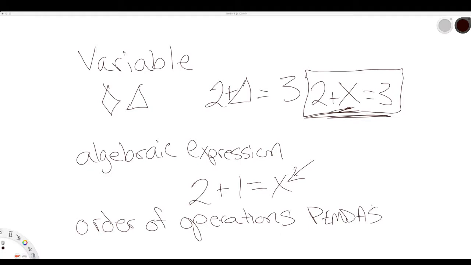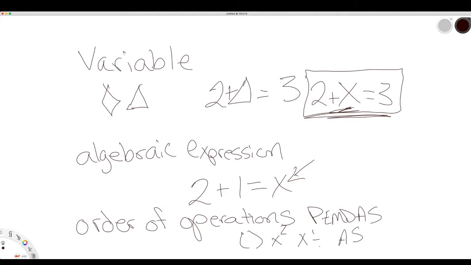I know in other parts of the world they have different acronyms for this, and in different parts of the US there's a few others, but it's probably PEMDAS that we've seen if we're in the United States. PEMDAS stands for please excuse my dear Aunt Sally, that's what we use to remember it, but what it means is parentheses, exponents, multiplication and division, and then addition and subtraction.